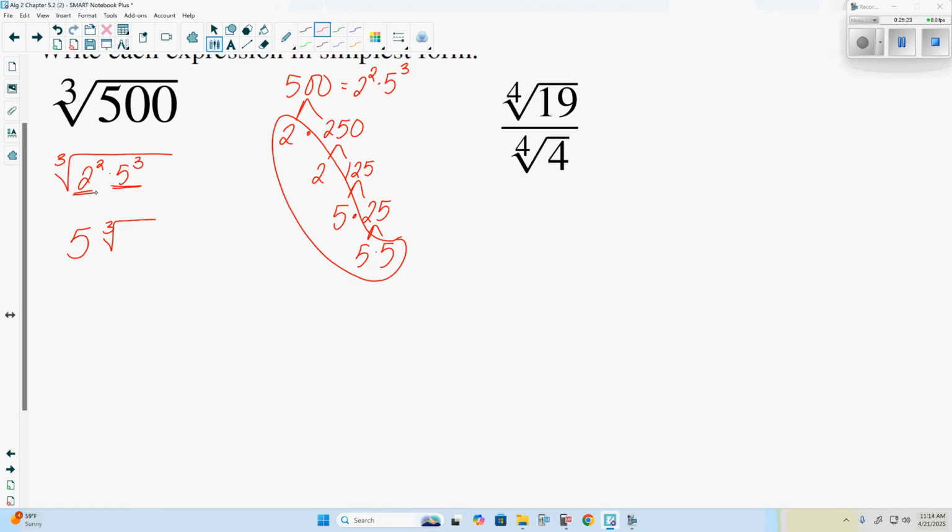Because 2 to the third would simplify to 2. 2 to the sixth, that's 2 groups of 3, would simplify to 2 squared, or 4. So we could simplify 2 to the third, 2 to the sixth, 2 to the ninth. Any in between would leave some inside. So we're left with 2 squared, but we won't leave it as 2 squared. We'll simplify that. 2 squared is 4. Telling us that the cubed root of 500 is 5 cubed roots of 4.